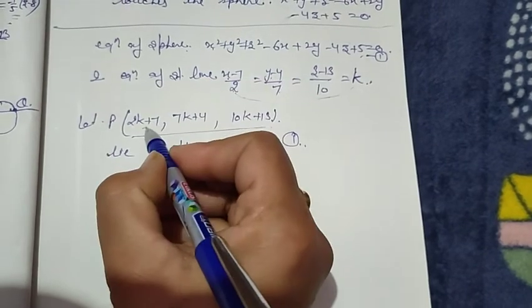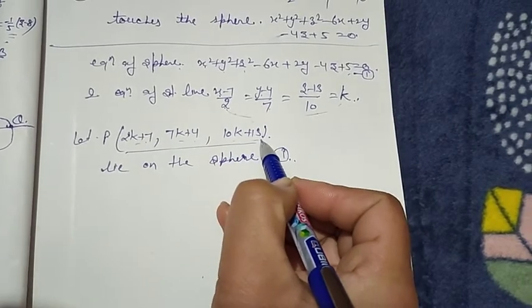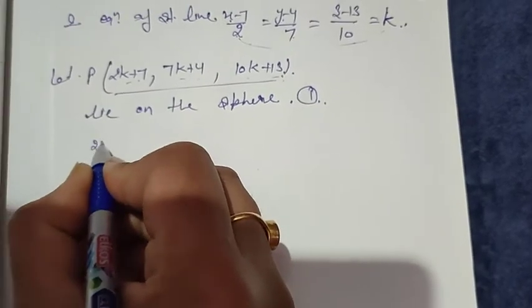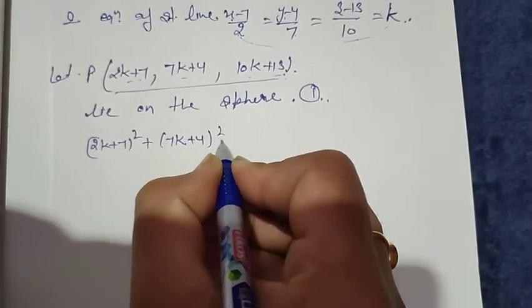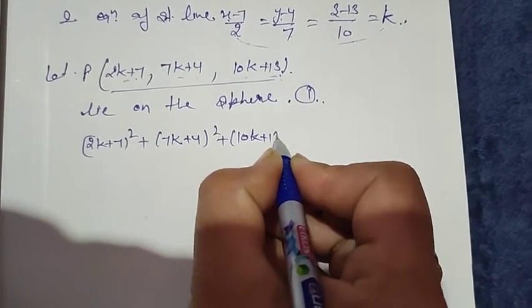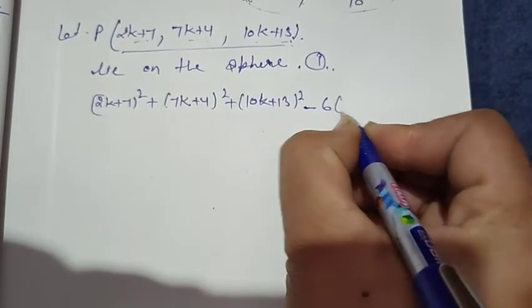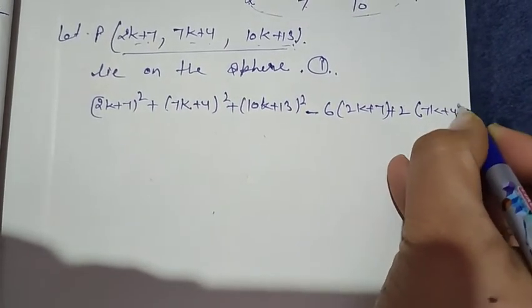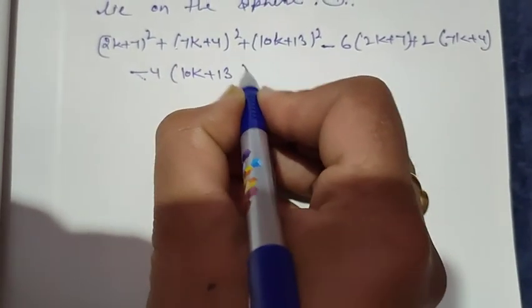Then we put x = 2k + 7, y = 7k + 4, z = 10k + 13 in the equation of sphere, which becomes (2k + 7)² + (7k + 4)² + (10k + 13)² - 6(2k + 7) + 2(7k + 4) - 4(10k + 13) + 5 = 0.